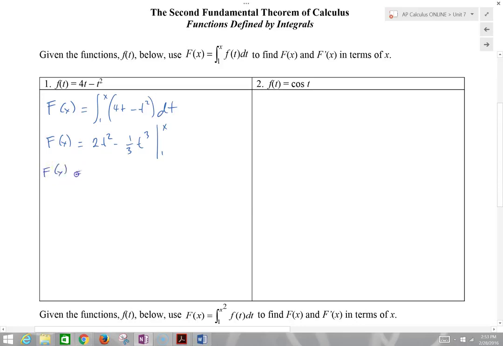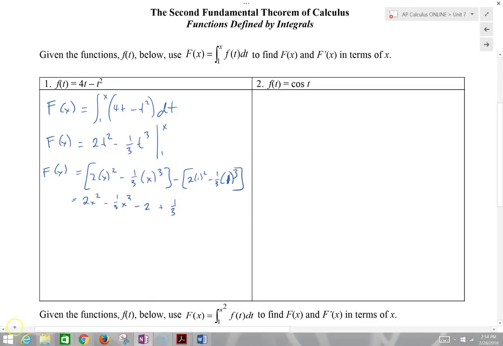So F of x is equal to 2 times x squared minus 1/3 times x cubed, and we subtract out 2 times 1 squared minus 1/3 times 1 cubed.